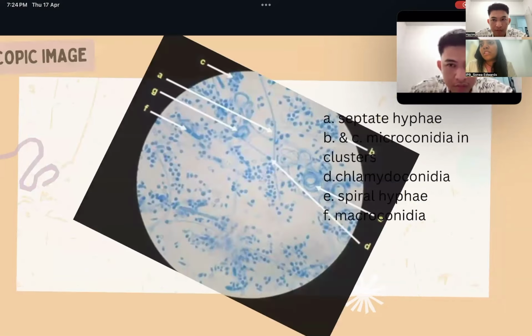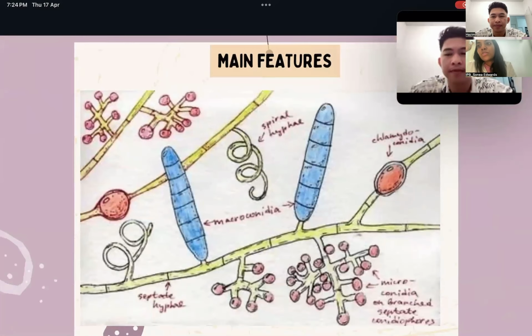I've also included an illustrated image so you can further understand what I was talking about earlier. So as you can see here, there's the spiral hyphae, and then the macroconidia that I was talking about, and then the chlamydoconidia, and then the septate hyphae. As you can see here, you can see the septate hyphae.